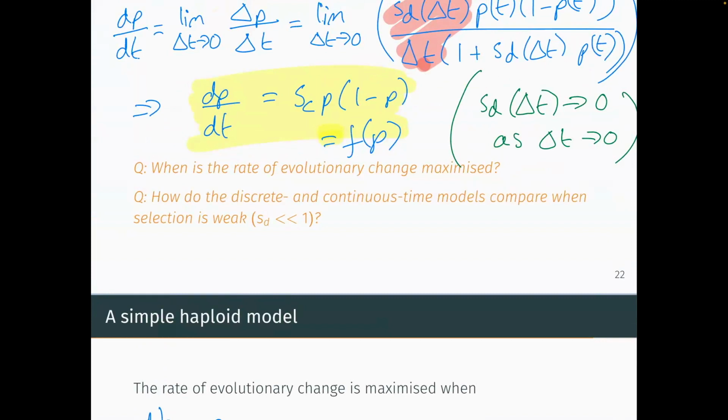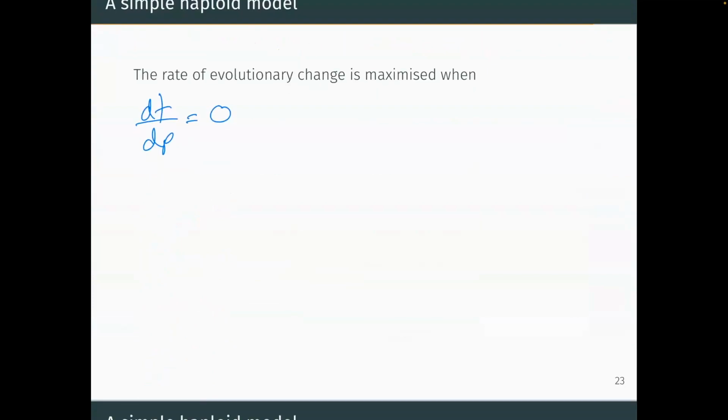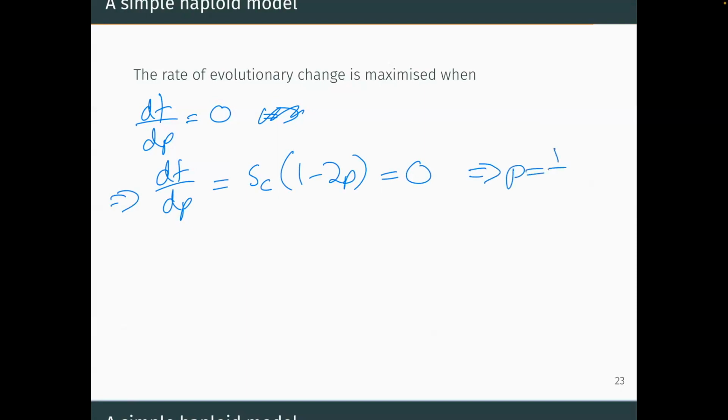If I take the derivative of that right-hand side, df/dp is just going to be our selection coefficient in continuous time times 1 minus 2p. And we want to set that equal to 0. In other words, when p is equal to a half.